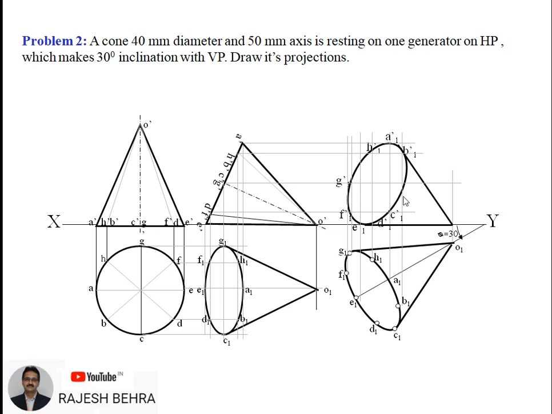So definitely this will be a visible curve. This part, definitely it will be a continuous curve and visible one, because it is forming an outline of the object, right? This is an outline of the object, this is an outline of the object, and this is also an outline of the object. And the inner curve will be visible because C is nearer to the observer. That's why this inner curve will be visible one.